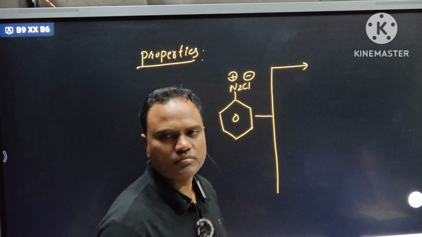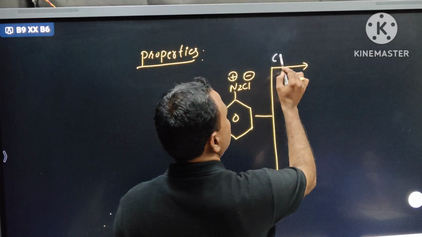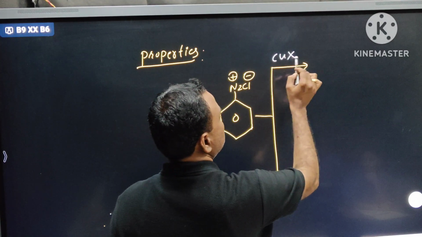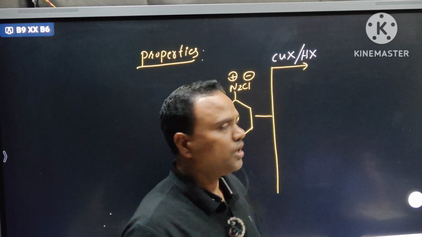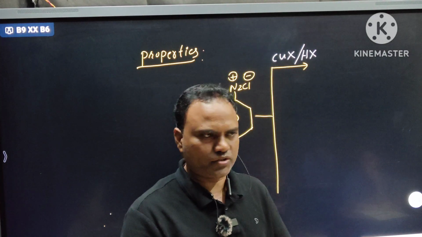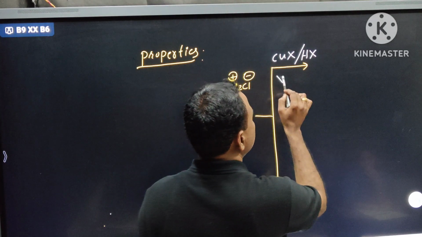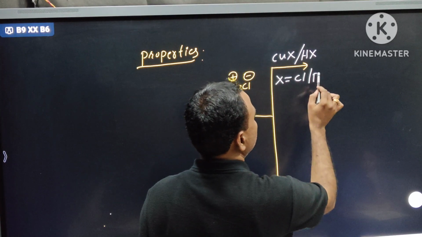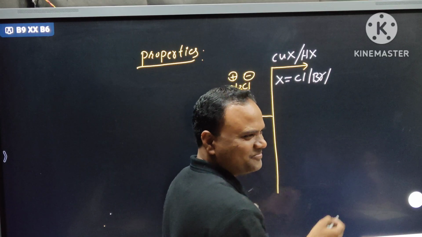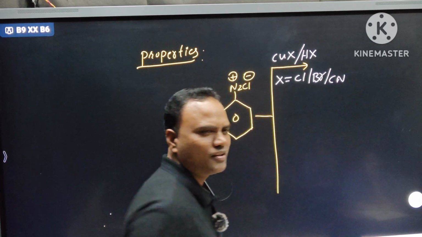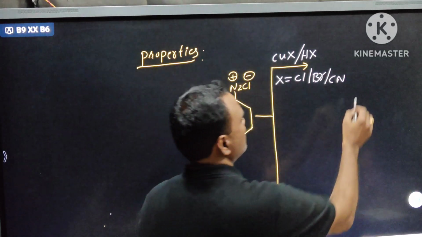What is the Sandmeyer reaction? CuX followed by HX, or Cu2Cl2 or Cu2X2 with HX, where X is chlorine, bromine or cyanide. We can prepare chlorobenzene and bromobenzene in the Sandmeyer reaction.